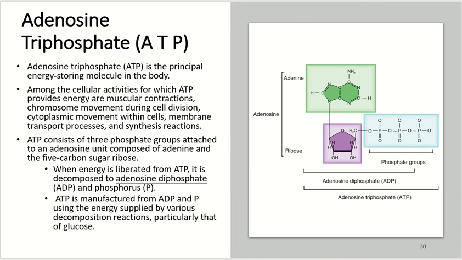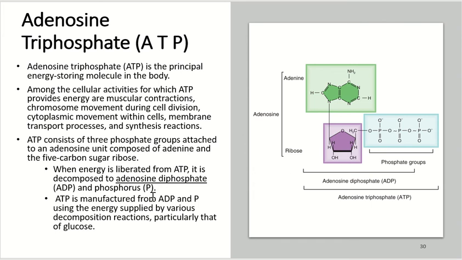So ATP consists of those 3 phosphate groups that are attached to the adenosine unit, which is composed of adenine and a 5-carbon sugar, ribose. When energy is liberated from ATP, it is decomposed to adenosine diphosphate plus 1 phosphate. So when we break down ATP, we end up with ADP, a diphosphate.